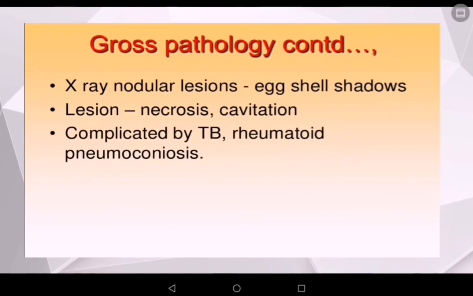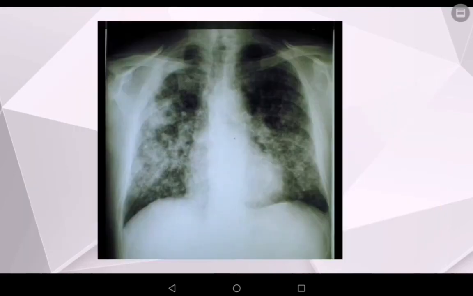The X-ray will show nodular lesions, and will also show necrosis and cavitation. This is normally complicated by TB or rheumatoid pneumoconiosis due to other occupations such as coal work or asbestosis.